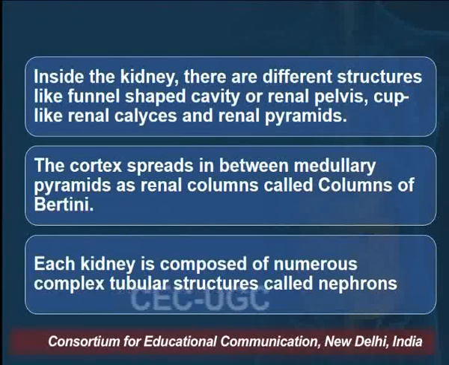Inside the kidney, there are different structures like the funnel shaped cavity or renal pelvis, cup-like renal calyces and renal pyramids. The cortex spreads in between medullary pyramids as renal columns called columns of Bertini. Each kidney is composed of numerous complex tubular structures called nephrons.